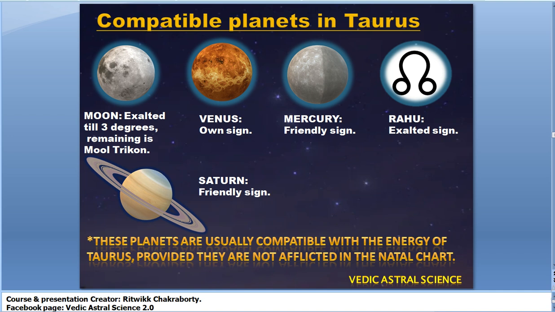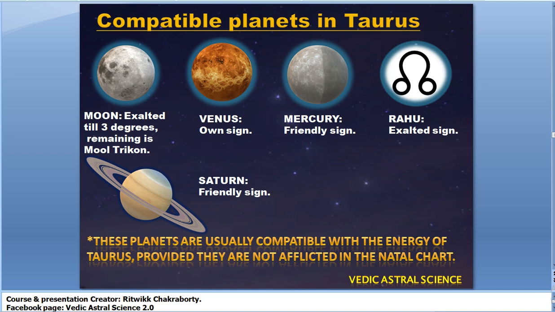Moon is governed by Jala Tattva or water element, and Taurus is an earth sign. Both water and earth are complementary energies to each other. So in that way also it is a very favorable position for Moon.